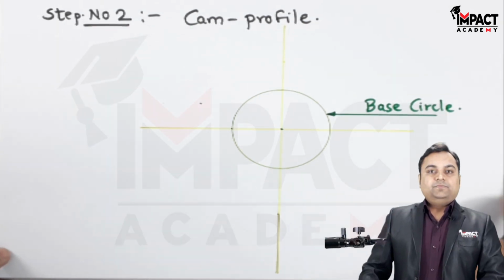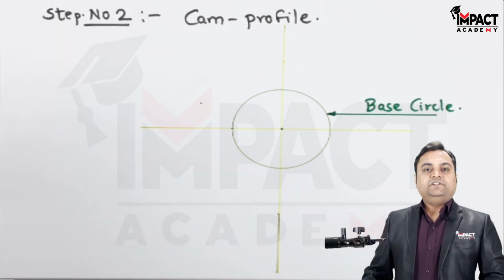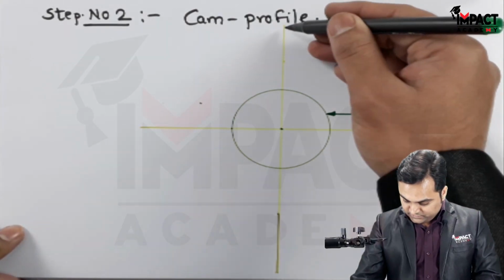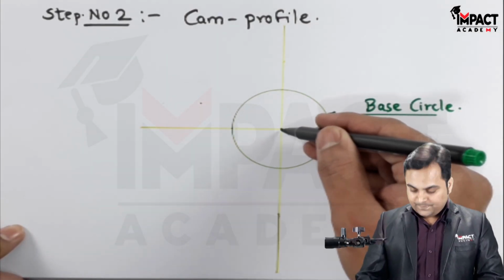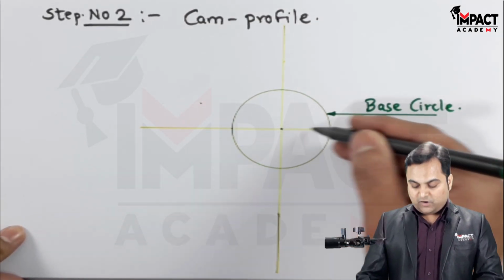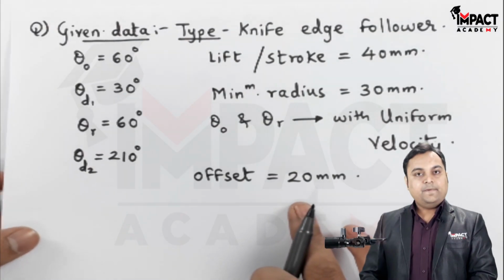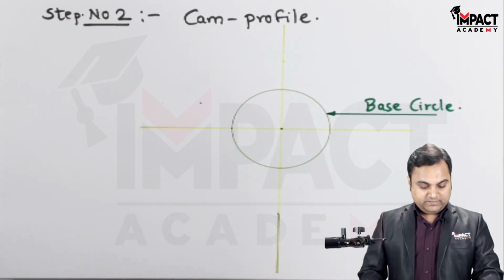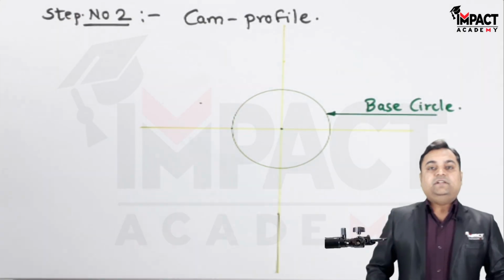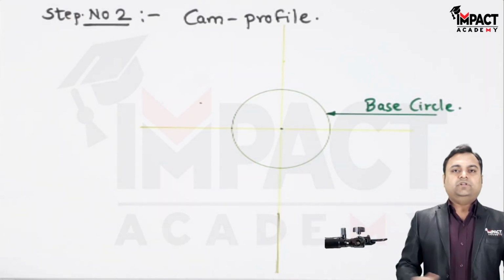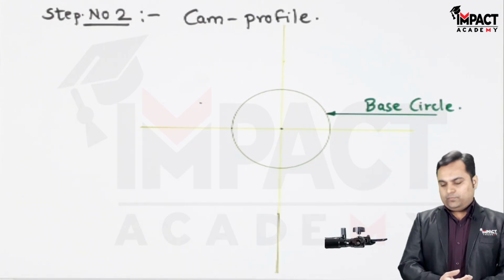Now in this problem, they have given that there is an offset. It means that this is the axis of the cam. So the follower axis is away and that distance is given as 20 mm. And it is not given in the problem whether we should take 20 mm to the right or to the left. We can take it anyhow.